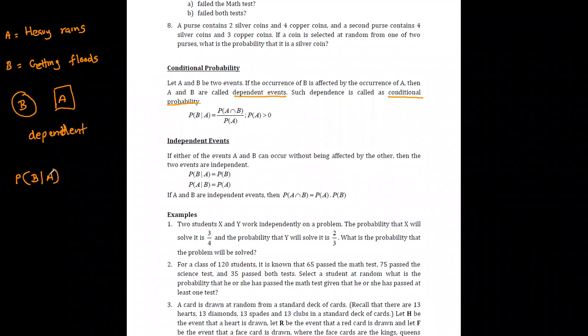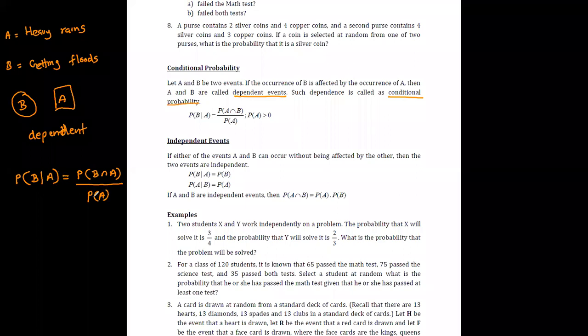It means that A is the event which has occurred prior to the occurrence of event B. Given A means A is the event which has already occurred, and this can be expressed using probability of B intersect A, or probability of A intersect B, divided by the probability of the priorly happened event.